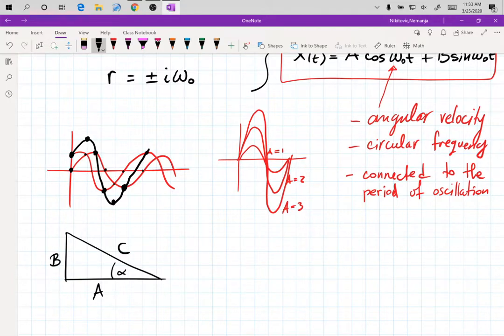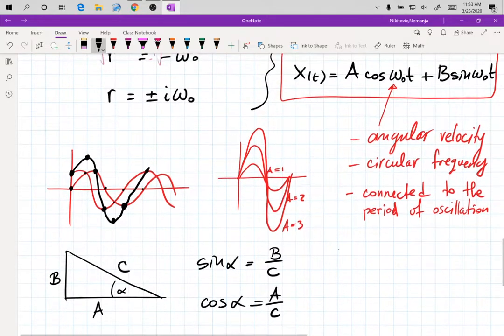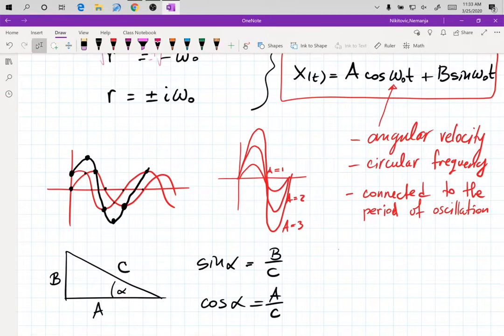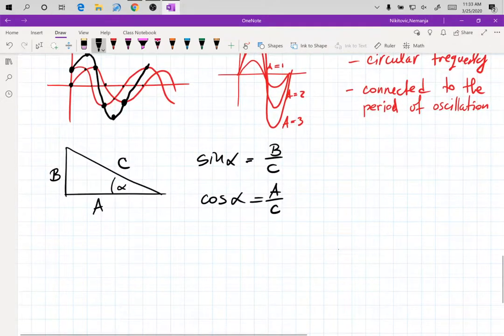ABC, you have your two amplitudes here, and we can write sine alpha as B over C and cosine alpha as A over C. So hey, this is great. If I just take my formula and divide and multiply by C, that sounds good.